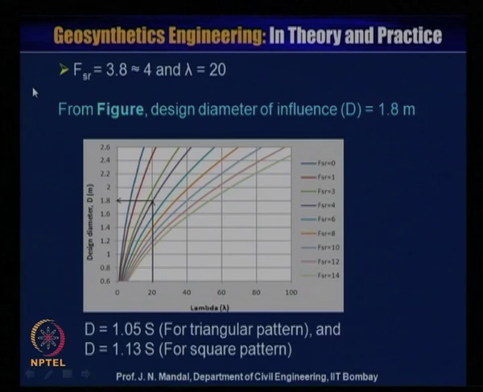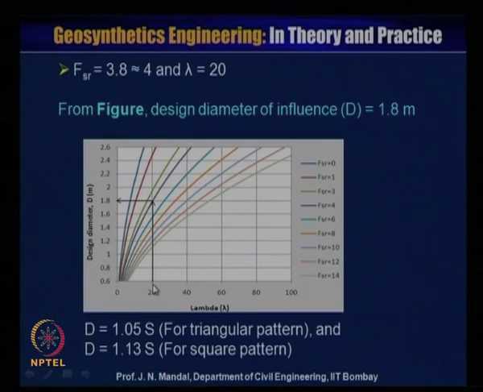You know FSR is about 4 and lambda is equal to 20. So from this figure, you can calculate the design diameter of influence, D. Here FSR is about 4 and lambda is equal to 20.